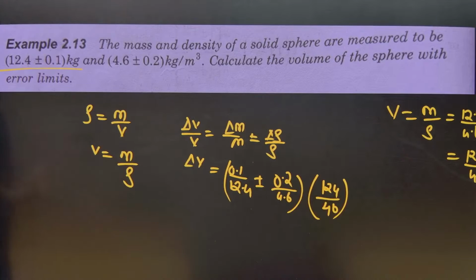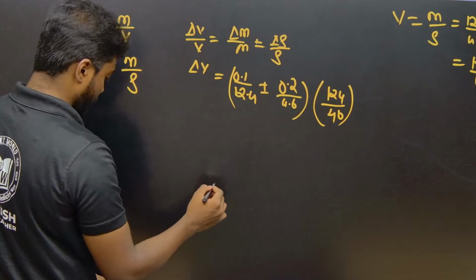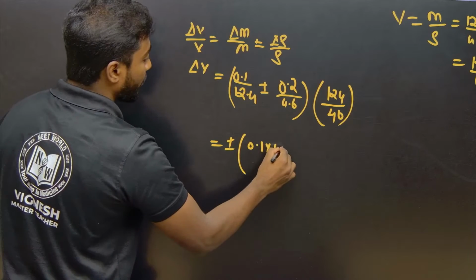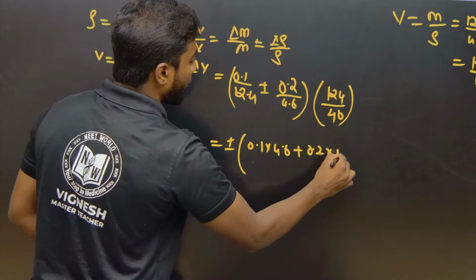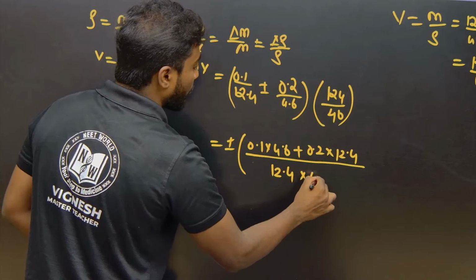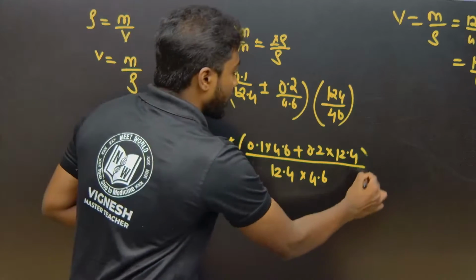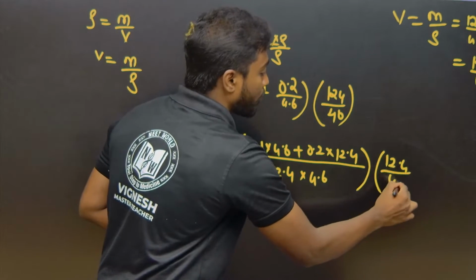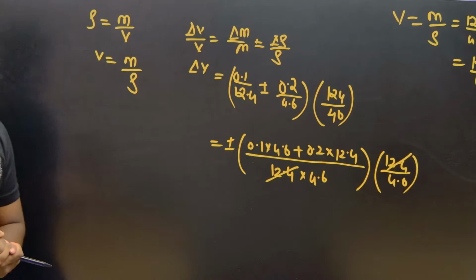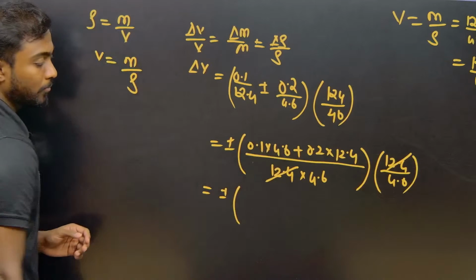Now this is plus or minus 0.1 into 4.6 plus 0.2 into 12.4, divided by 12.4 into 4.6, cross multiplied, into 12.4 by 4.6, the same thing. So 12.4 and 12.4 can be cancelled out, right?